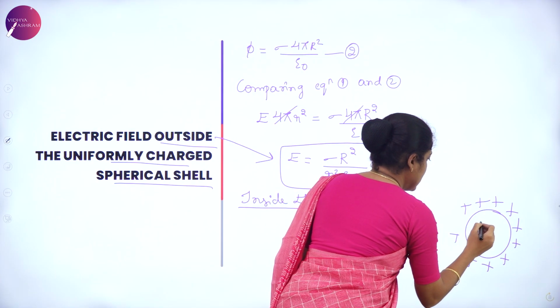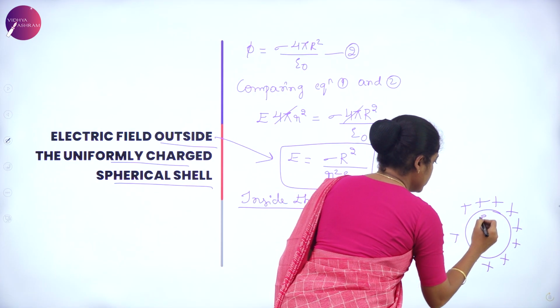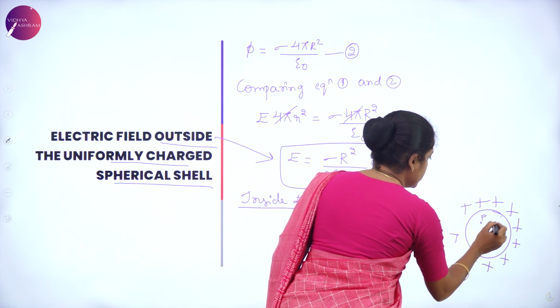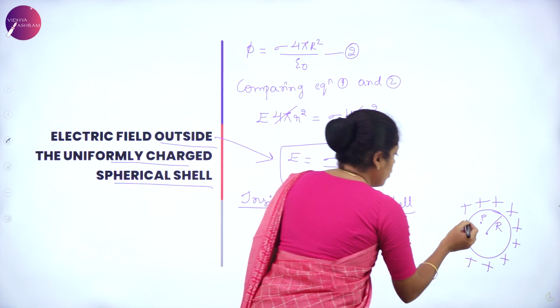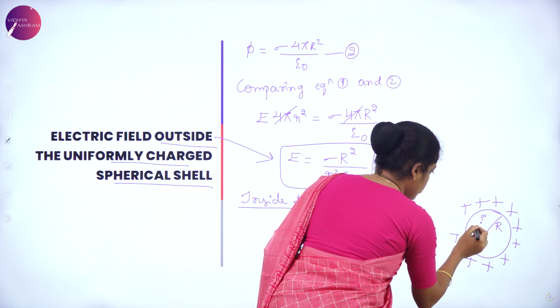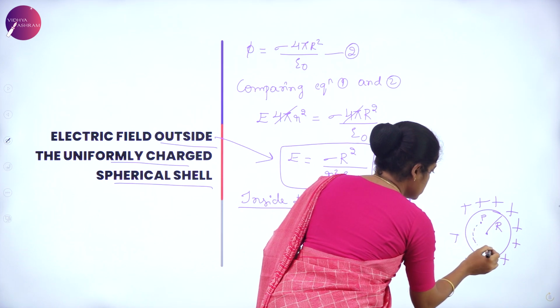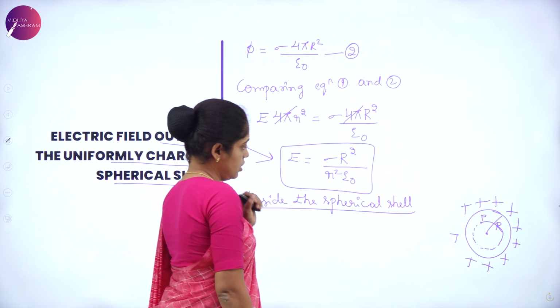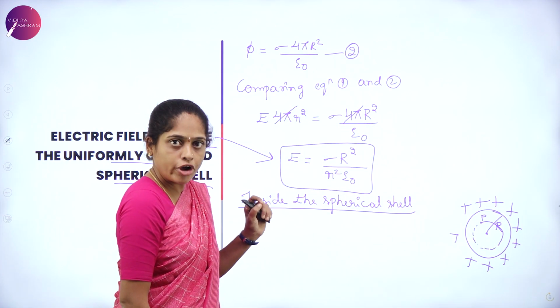Now the point P lies inside the spherical shell. Keeping this point P, we have to imagine a Gaussian surface to find the electric field at point P.